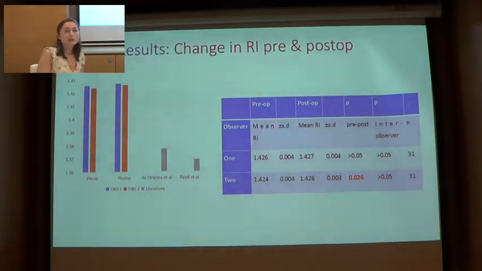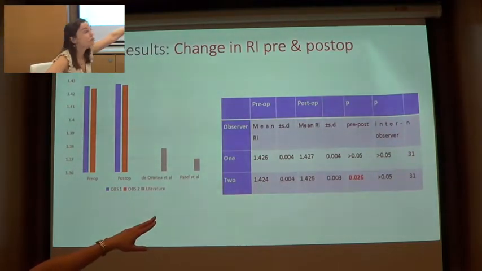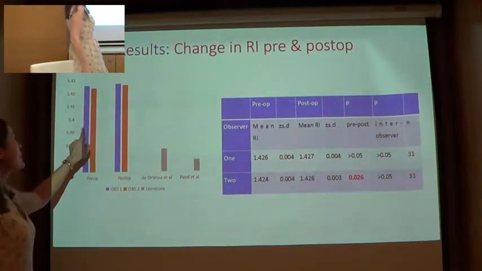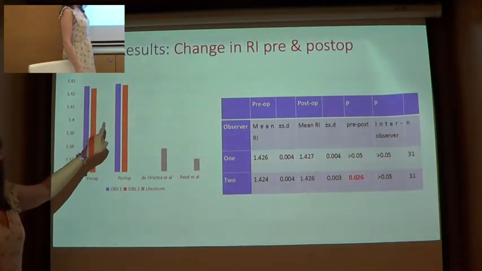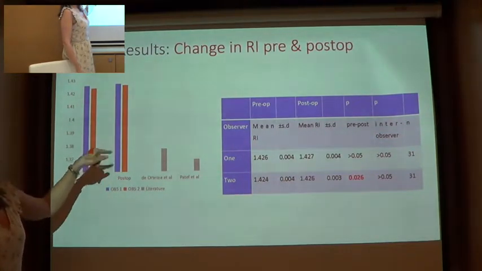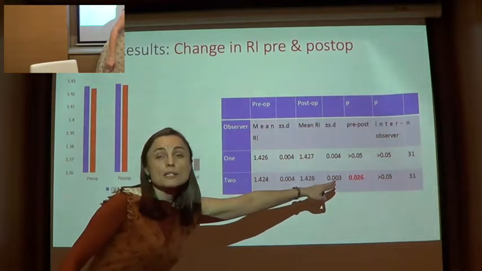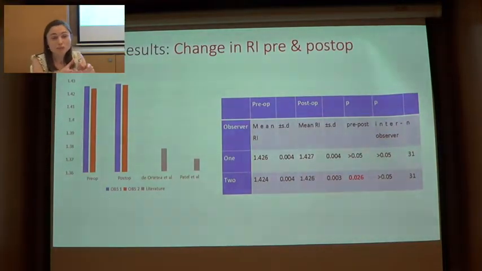What about the practical part of the study, before and after the surgery, after phacoemulsification? There was good agreement between the two observers. We can see it on this graph. And while the first observer hasn't shown any difference between estimates before and after the operation, according to the second observer there was a small but still significant difference between measurements.